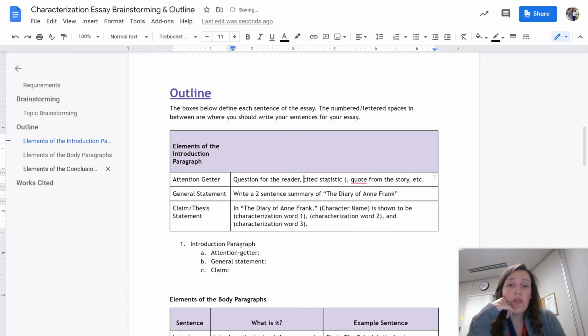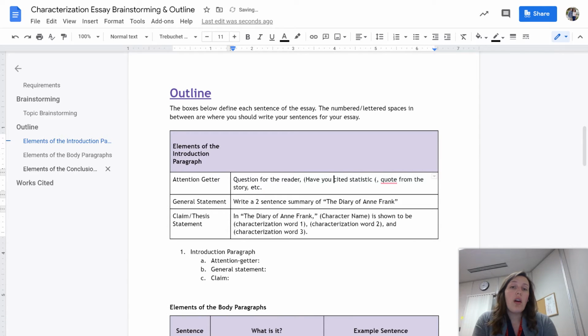So, a question for the reader is one kind of attention getter you can do. You can also do a cited statistic or a quote from the story. If you want to do a question for the reader, you could ask, have you ever had to spend lots of time at home with your family?